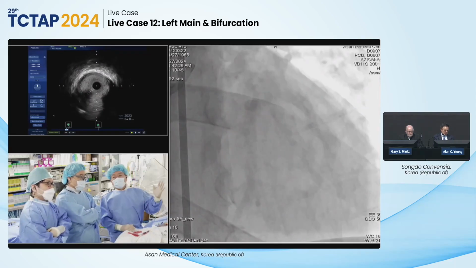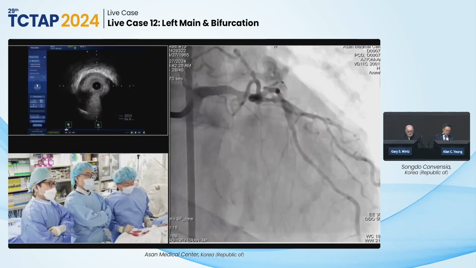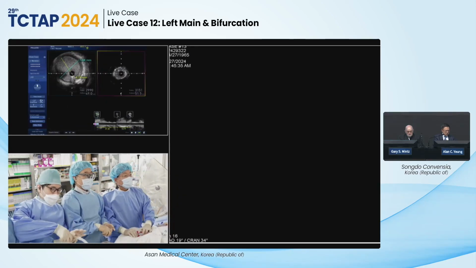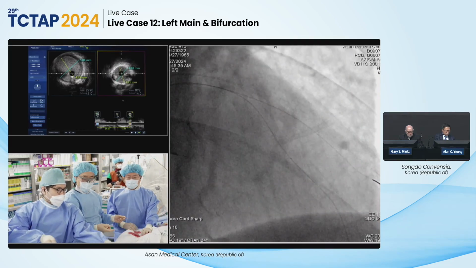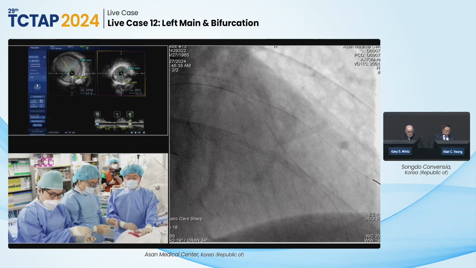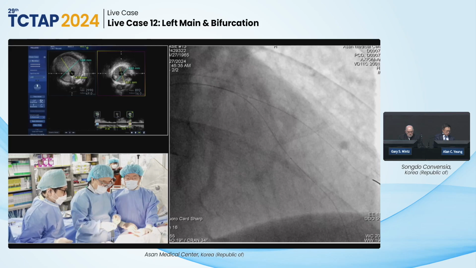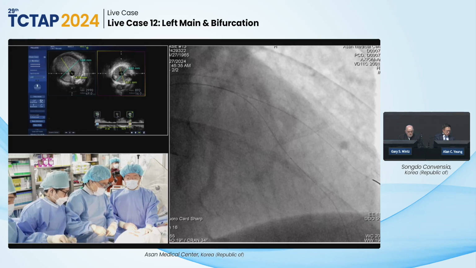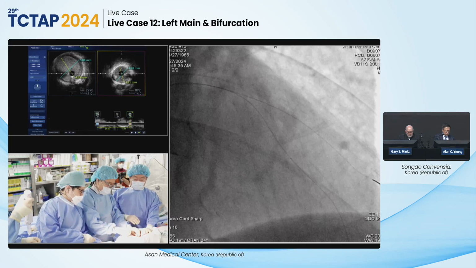On the basis of FFR we decided to treat with PCI. In the FAME-MAIN trial, imaging for optimization was allowed in both groups, and we treat the LAD.